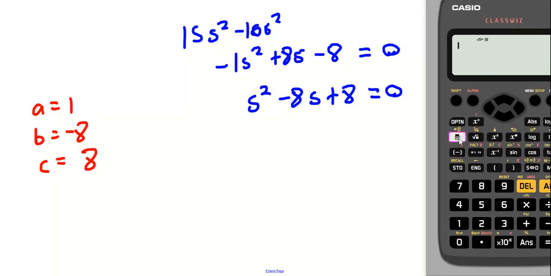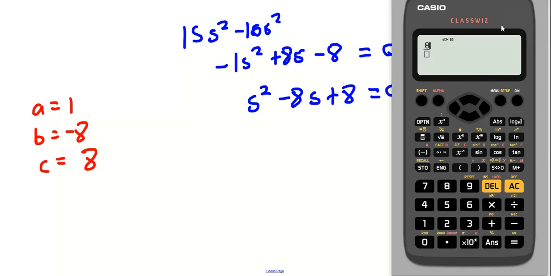Yeah. So minus b will just be 8. What's this? 8 plus square root b squared is minus 8 squared, yeah? Minus 4ac, 4 times a times c.